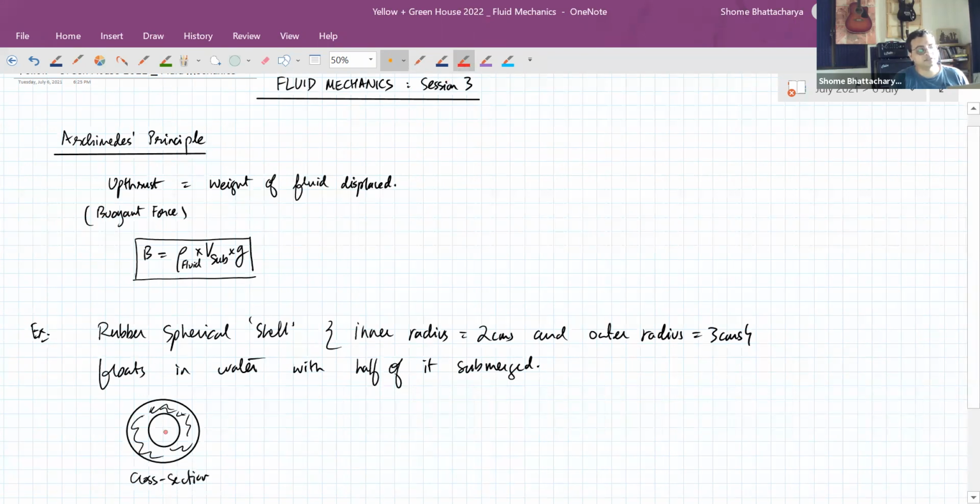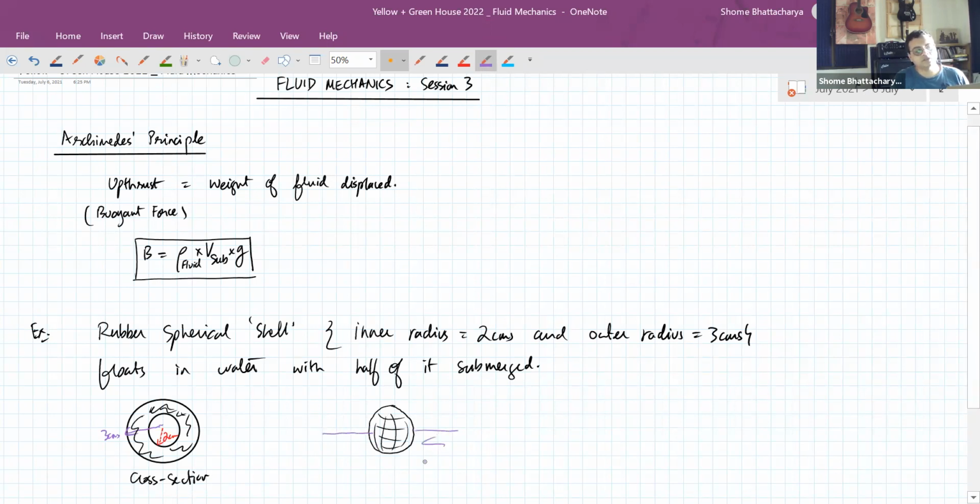This inner radius is 2 centimeters and the outer radius is 3 centimeters. Now when you place this sphere, from outside it looks like a sphere only. You can't tell that it's hollow from inside.